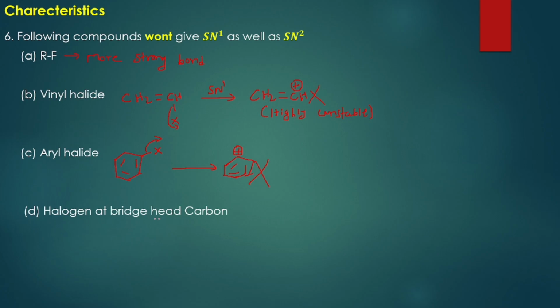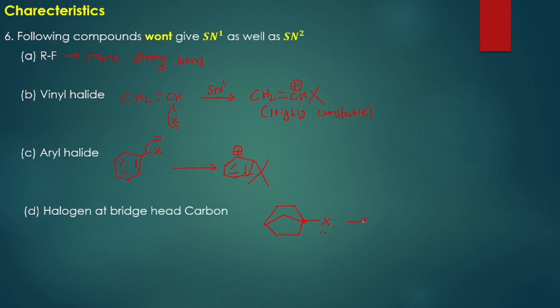Next, halogenated bridgehead carbon. The bridgehead carbon in SN2 reaction we discussed. At bridgehead carbon, backside attack is not possible because of this big one. And front side attack is also not possible.